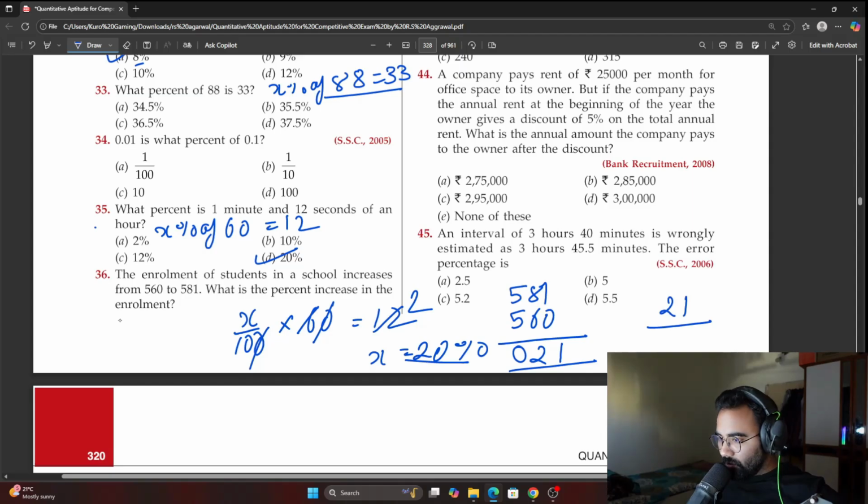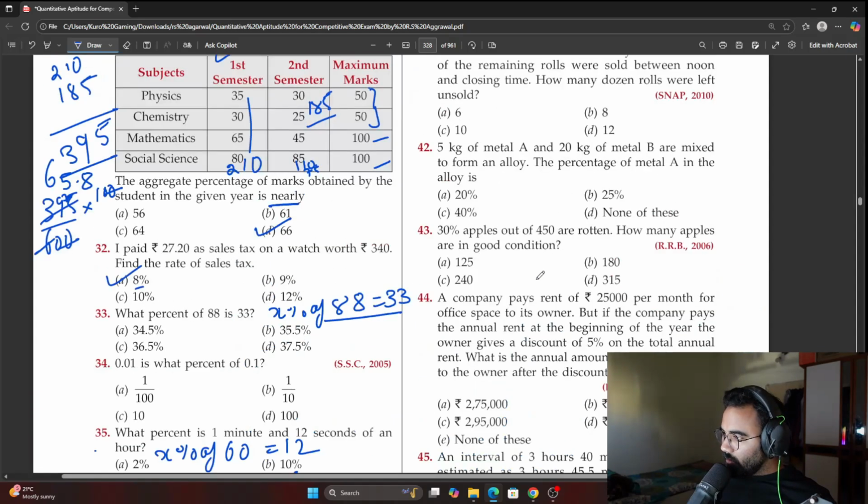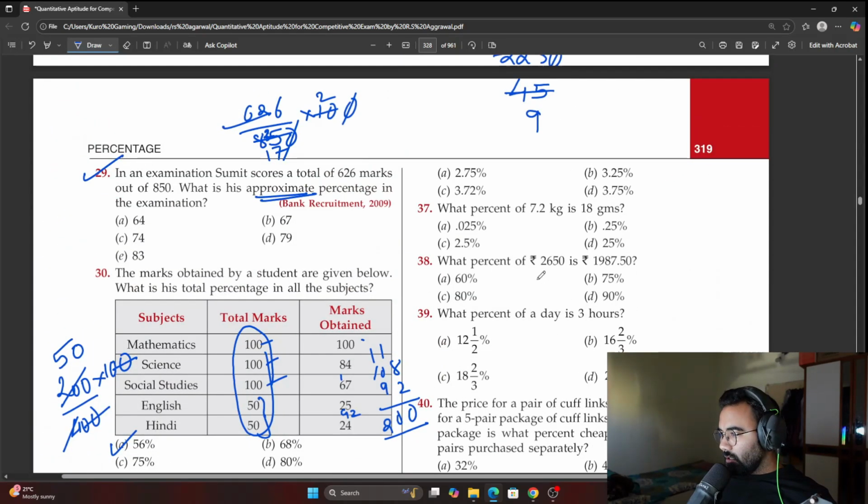And what is the actual? 560 into 100. So I think 7 3s are 21, 7 8s are 56, 3 5s are 15. 15 upon 4 should give you 3 point something. 4 3s are 12, 30, 3.7. Oh, there are two options, 3.72, 3.75.